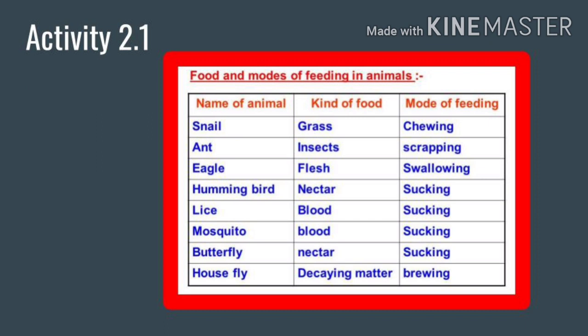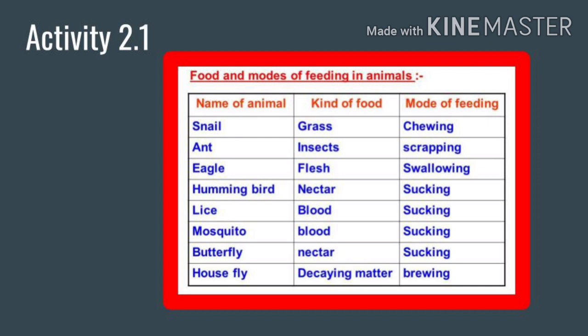So now you can open up your NCERT books to your activity 2.1. The first activity. You have to write down the names of these animals, what kind of food they eat, and what is their mode of feeding. So, food and modes of feeding in animals.